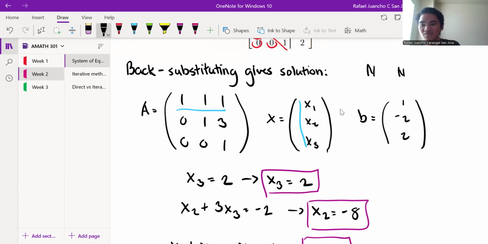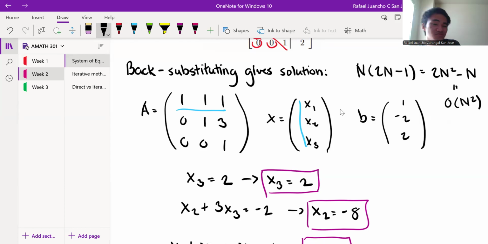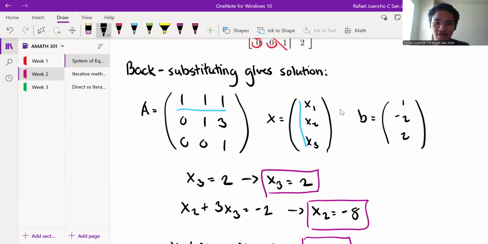N minus 1. We add these two, we get 2N minus 1. And how many times did we do that same thing? 1, 2, 3, so N times. So we did N times 2N minus 1, which is 2N squared minus N. If we write it in big O notation, wait, why did I say O of N cubed? O of N squared. N times N is N squared. So O of N squared, because that's our dominant term. So that's our back substitution.